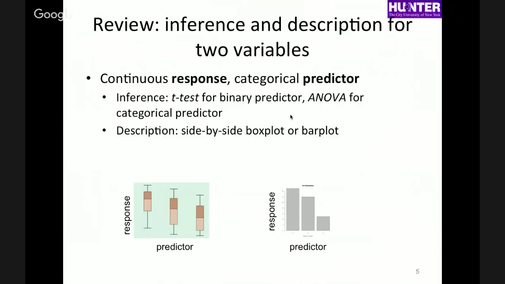So that was two categorical variables. When you have a continuous, yes, question. Sorry, could you speak up a little?